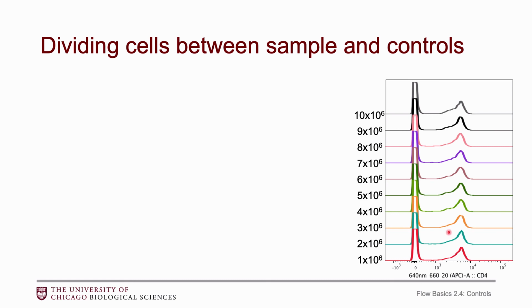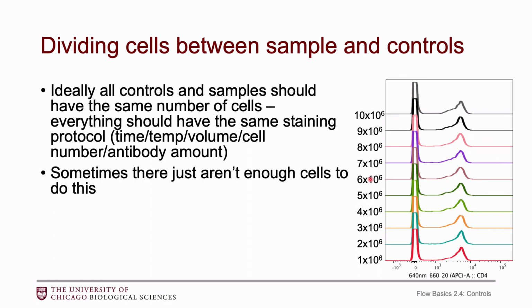I do want to remind you that what we talked about in my second video of this series is that changing the cell number often doesn't have a huge impact on the staining intensity of the cells. So you probably have a little bit of flexibility with the cell number, which means you can cut back on the cell number for your controls.